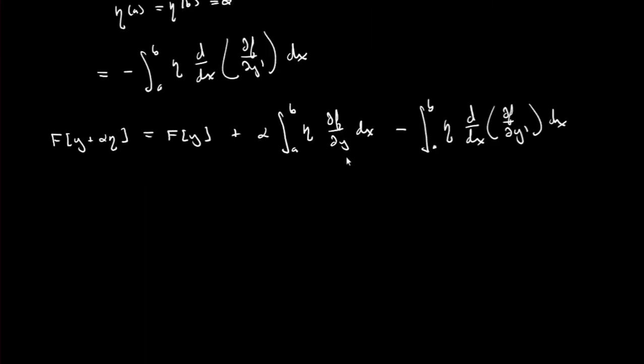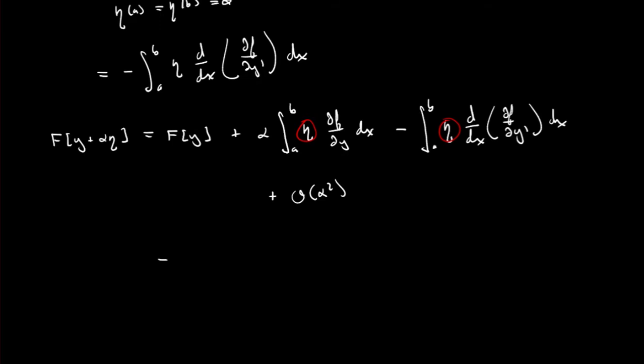And we see we can put these together because notice there's a common factor of eta in these two integrands. So we can really put them together in quite a nice way. Of course, please forgive me for forgetting our big O of alpha squared.